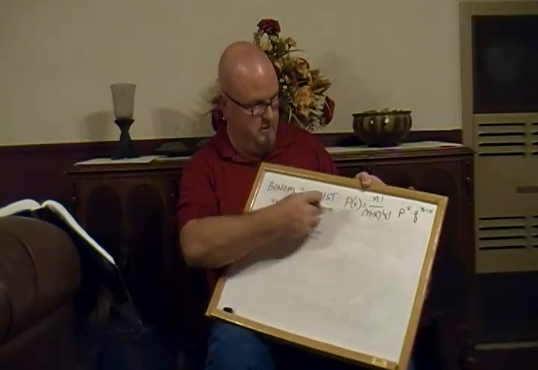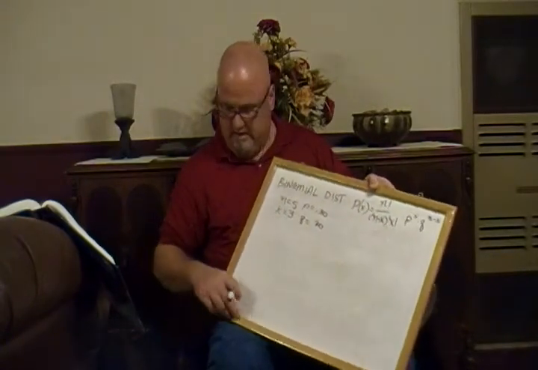Now we just need to plug all this in and solve. P of x equals 5 factorial over 5 minus 3 factorial, 3 factorial, times 0.3 to the 3, times 0.7 to the 5 minus 3.